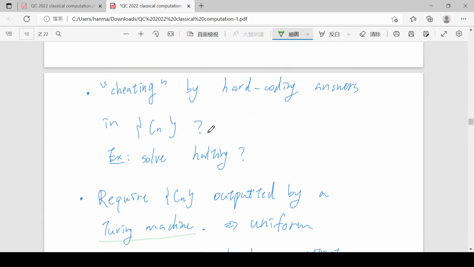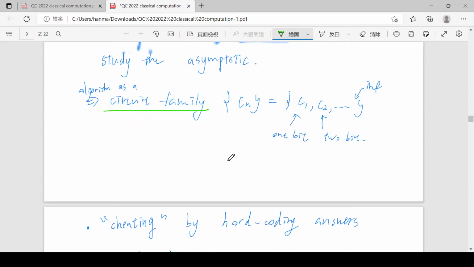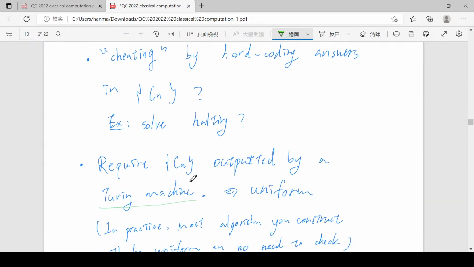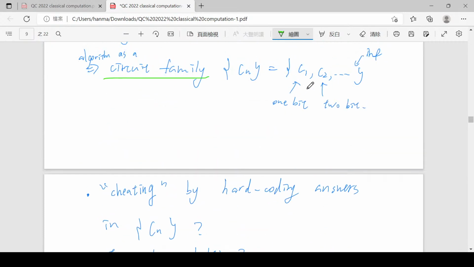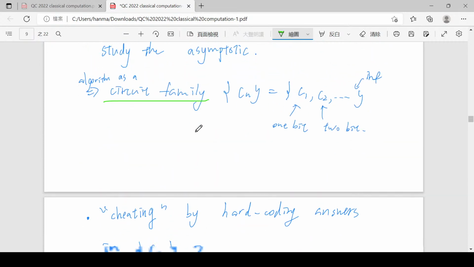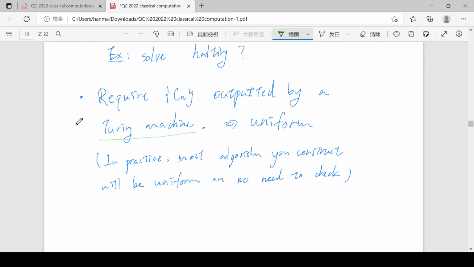And that means you will have a Turing machine that takes the size of the input n here. So this Turing machine will take n as input and tell you Cn. So it will tell you where to put your circuit, where to put your gates, and where to put your fan-outs, etc.